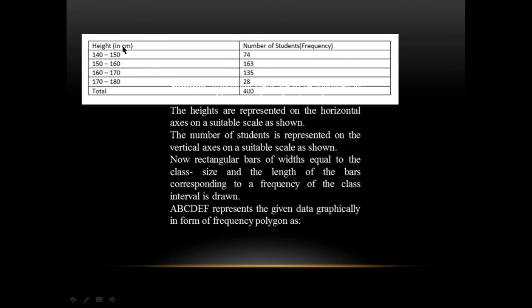Now, the heights of students are classified into 4 class intervals. The first class is 140 to 150 centimeters, the second class 150 to 160 centimeters, the third class 160 to 170 centimeters, and the fourth class 170 to 180 centimeters are the 4 various classes.